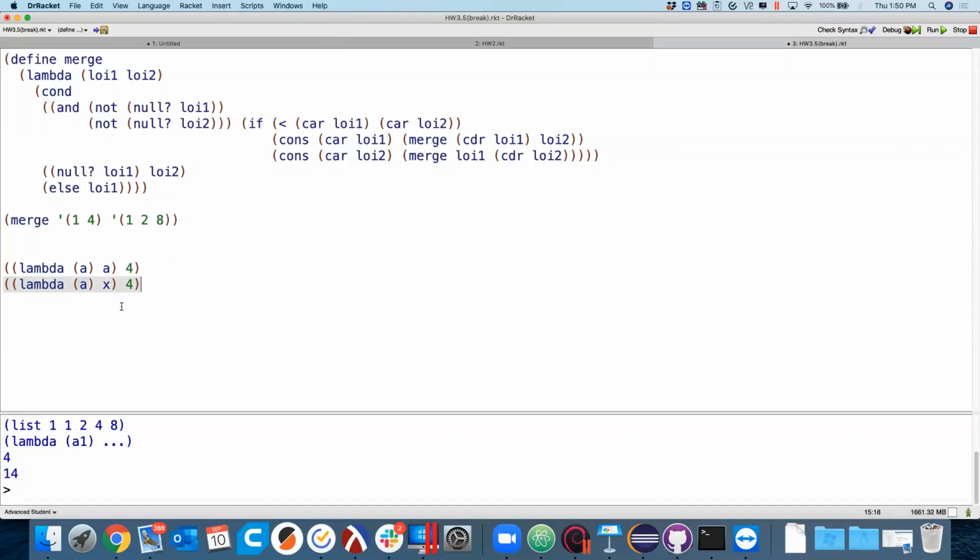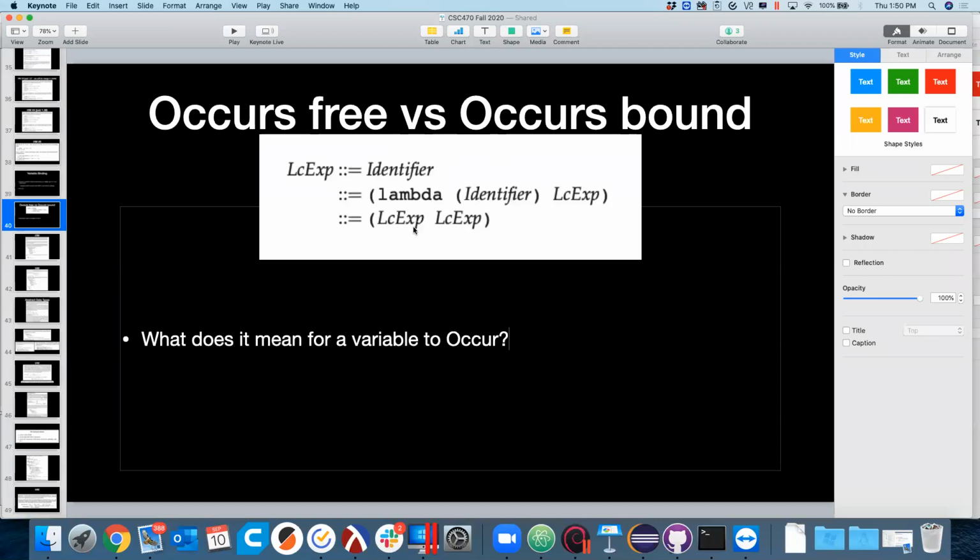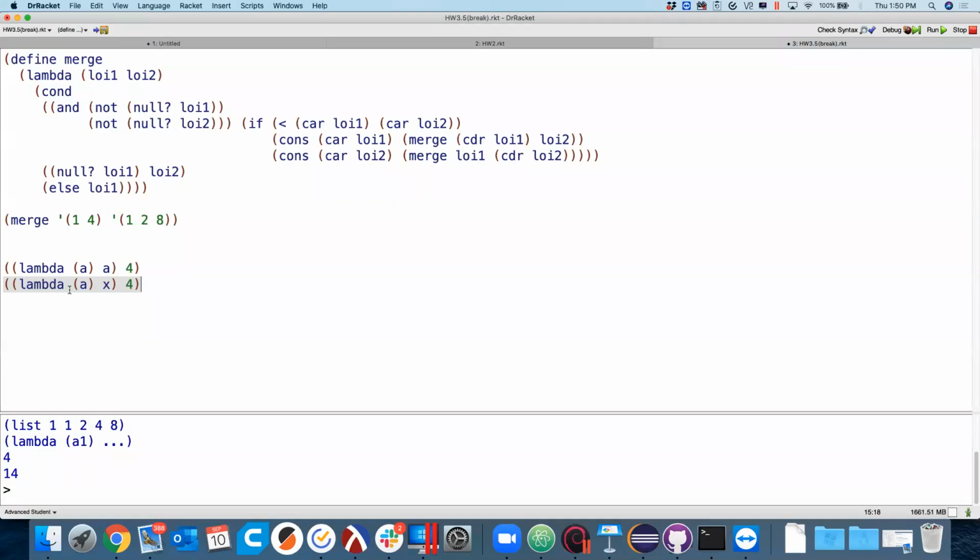Can you give me an example of a lambda calculus expression that follows this grammar, where A occurs bound and X occurs bound? So write a lambda calculus expression where A and X occur bound.